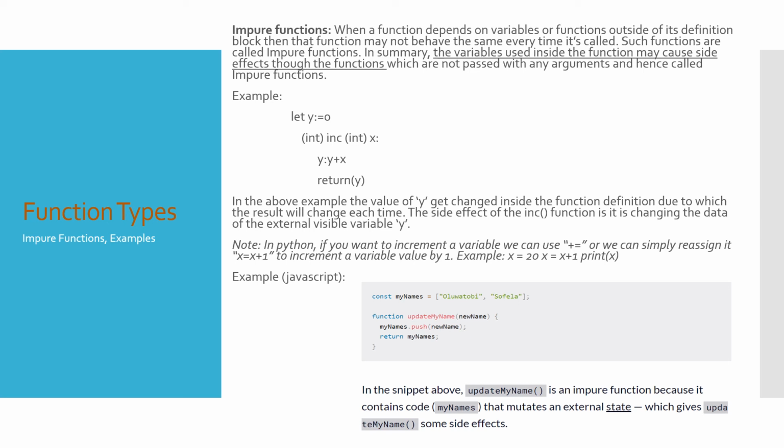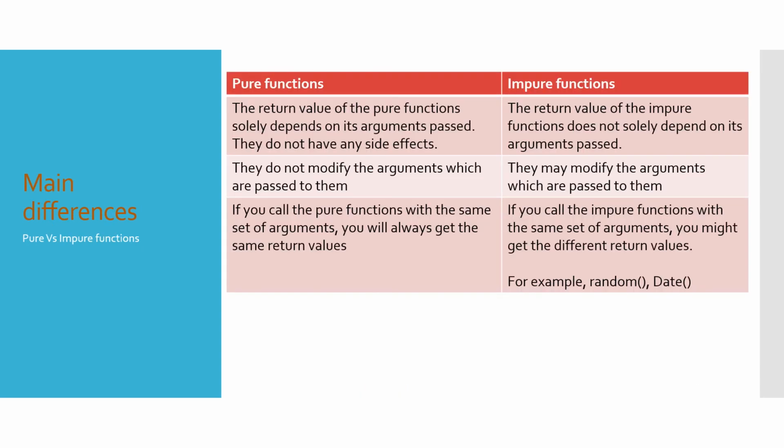Hope that is clear, and let's move on to the next table, which is important again from an exam perspective. You may get questions on this. Compare and contrast or distinguish between pure functions and impure functions, and you can find this in your book as well. This is just a summary table for revision. So as I said, for the pure function, the return value solely depends on its arguments passed.